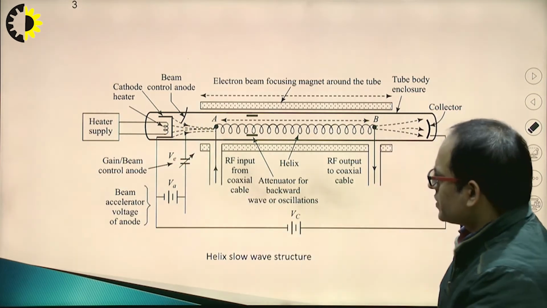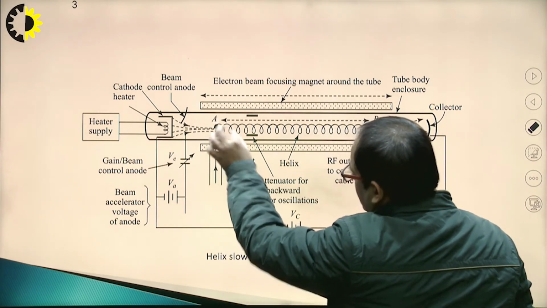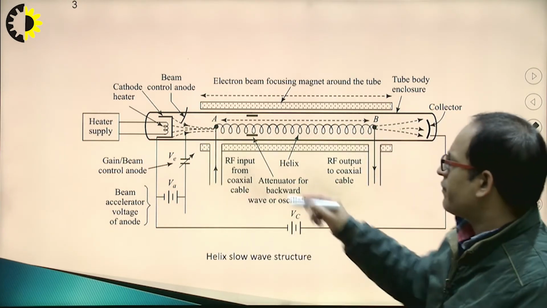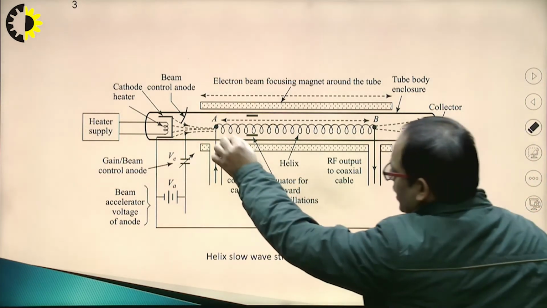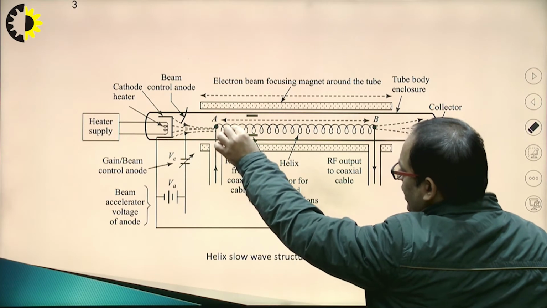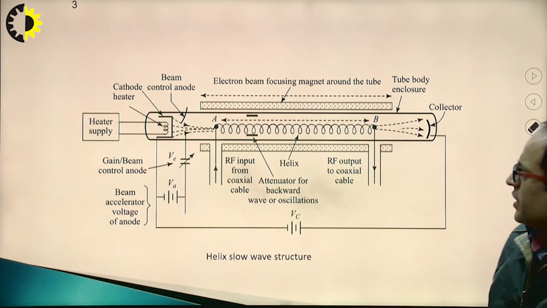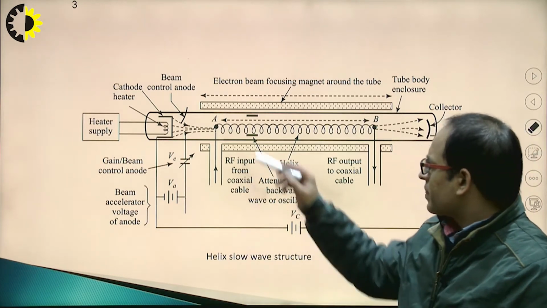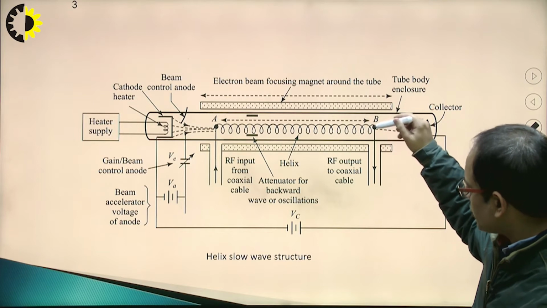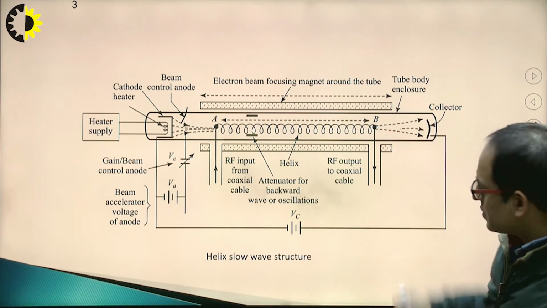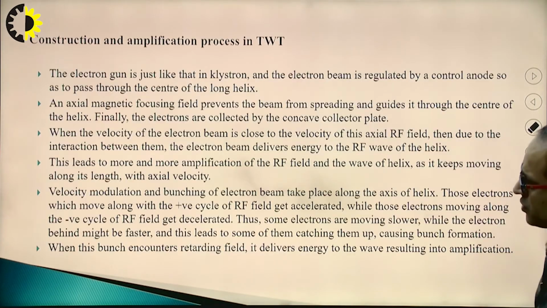These electrons will interact with what? The RF input. When it interacts with the RF input, the electrons get excited during the positive half cycle, and during the negative half cycle they get de-excited. So at the end, during the retarding field, the electron transfers its energy to the RF field.